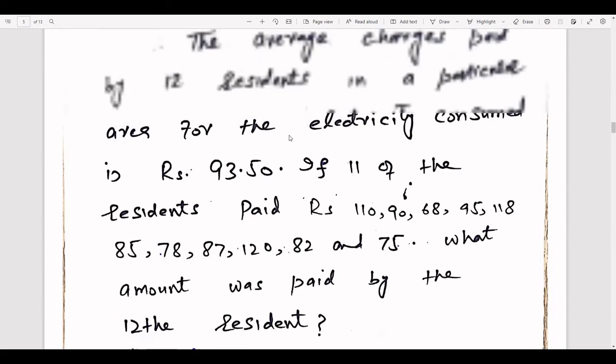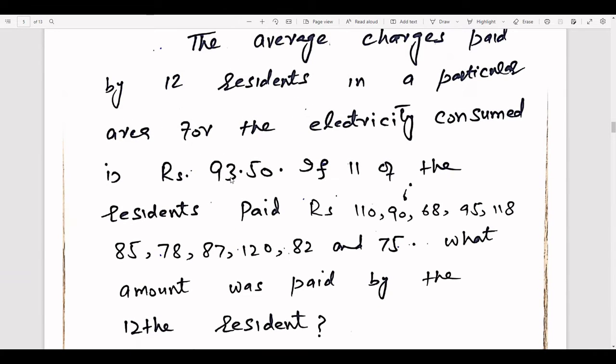Here n is 12 and x bar is 93.50, because there are 12 residents, so the number of observations is 12, and 93.50 is the average electricity consumed by each resident. So it is its mean.